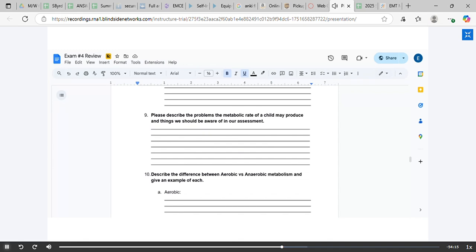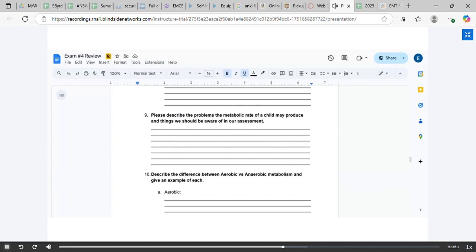A couple other things, they have poor glucose stores, right? Because as an adult, remember, if we skip a meal, then we have that glucagon in our liver that our liver can release, and it can be broken down into glucose to be used by our body. Well, kiddos and newborns either don't have this or it's not as good of a store as needed.